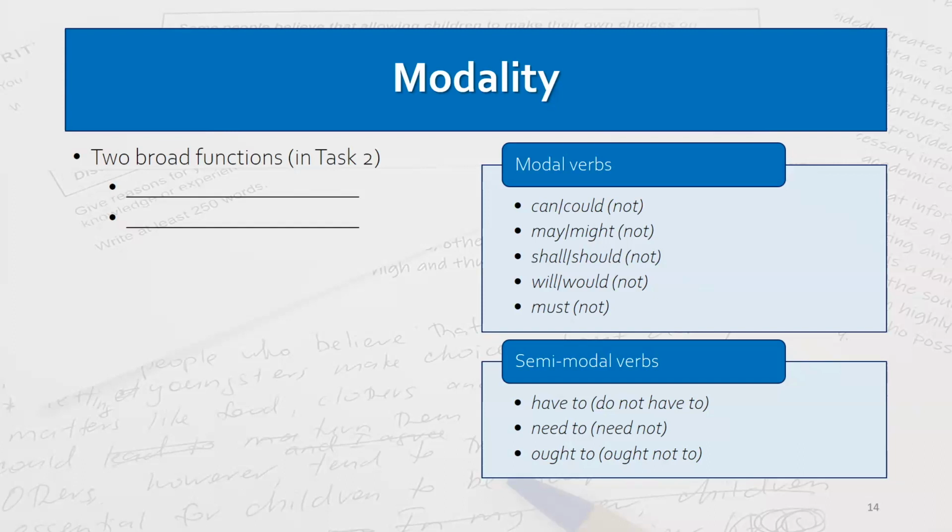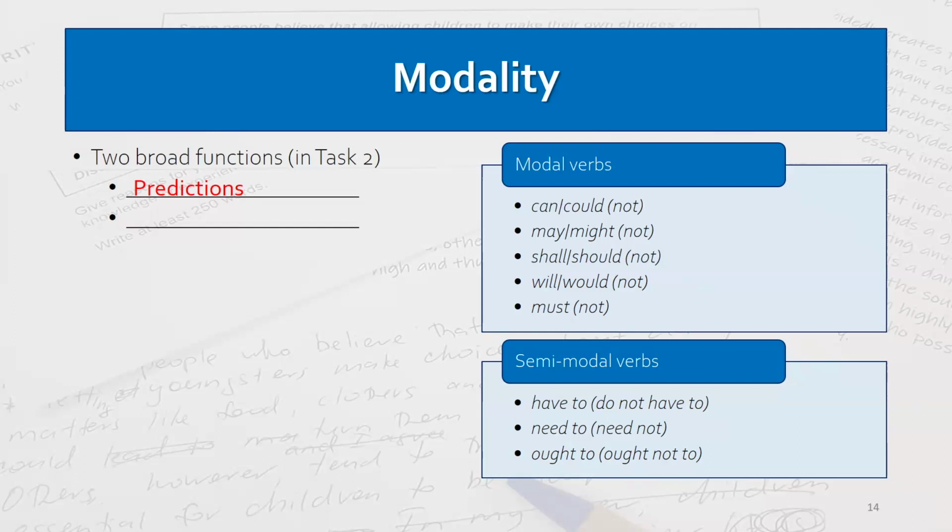Of course, modal verbs can have a lot of functions, but I'm narrowing the whole thing into the context of IELTS Writing Task 2, highlighting the two key functions only for you to practice or to apply in your Task 2 exam. We use modals to make predictions.